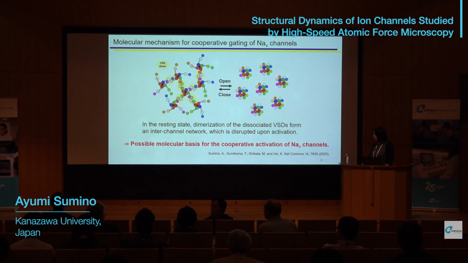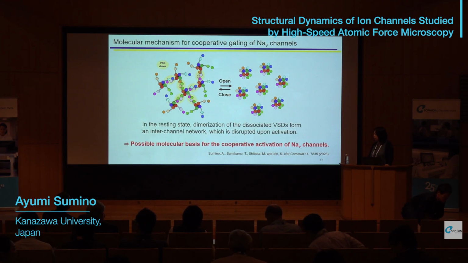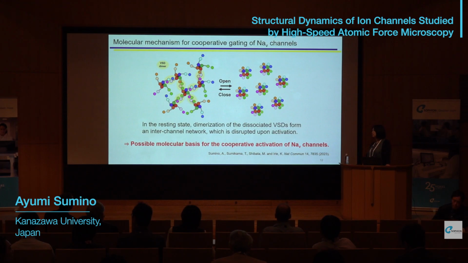I have a question. If this cooperativity is important for activation of the NaV, probably you can test the following experiment. You could co-express full-length protein with some truncated protein or some mutant with reduced activity of the voltage sensor domain.